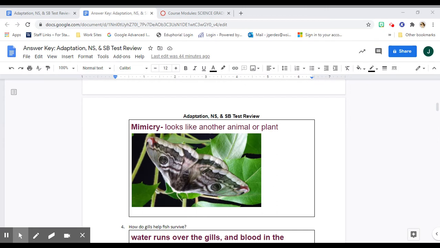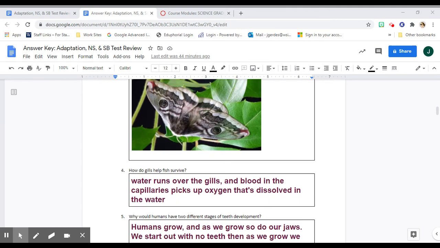And so, for example, this butterfly here is looking like some type of predator. So they don't even think it's a butterfly to eat. We read about or talked about monarch butterflies and another butterfly that tries to mimic them because the monarch is poisonous to a lot of animals that try to eat it.